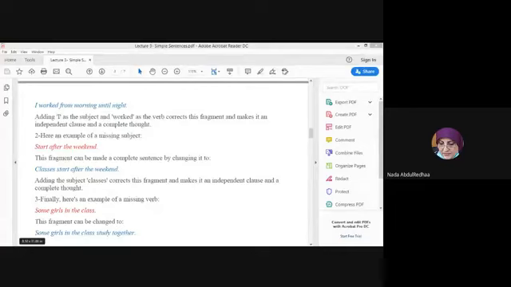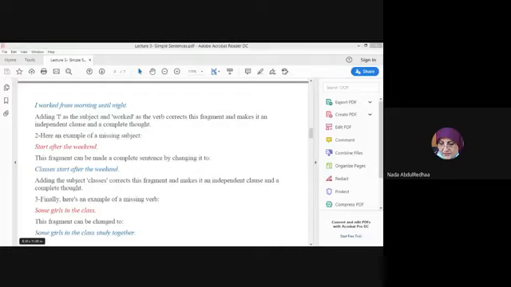After in the first sentence is a preposition. Yes, in the first sentence, after the weekend. And in the second sentence it is a subordinator. Good, that is the correct answer. After I did my work, I watched TV. Here after is a subordinator.